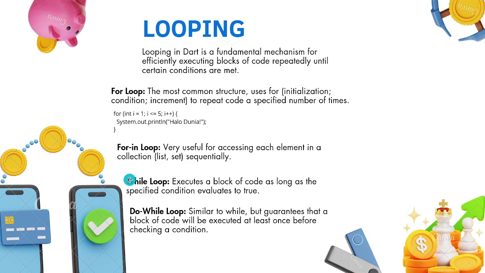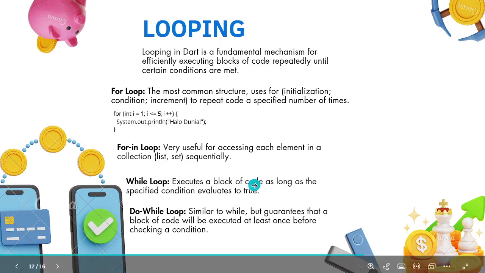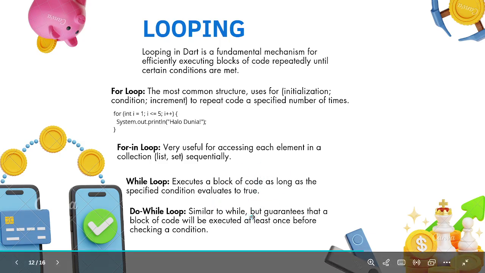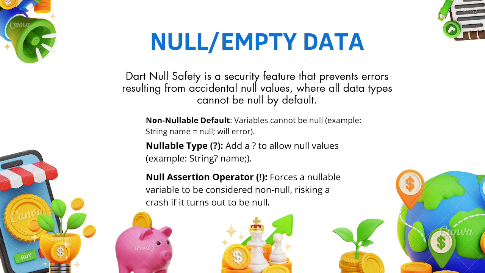Number three, the while loop executes a block of code as long as the specific condition evaluates to true. The last loop, the do while loop, is similar to while, but the block of code will be executed before checking the condition.